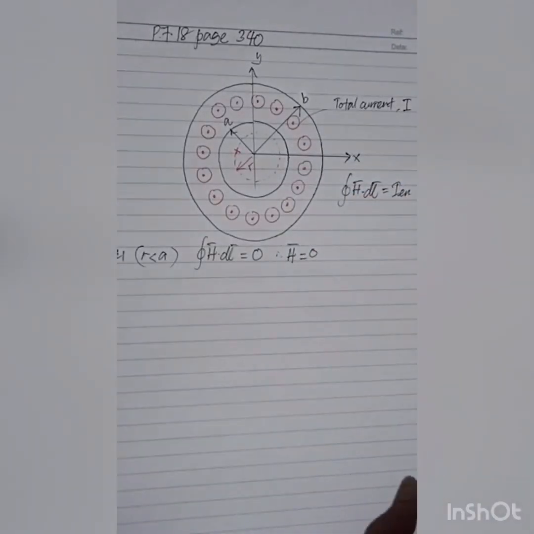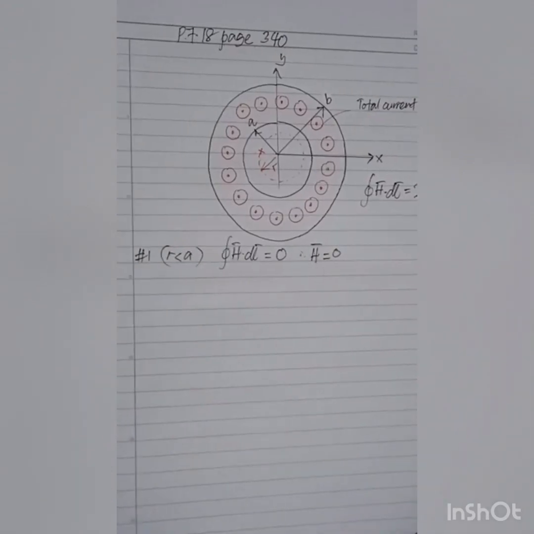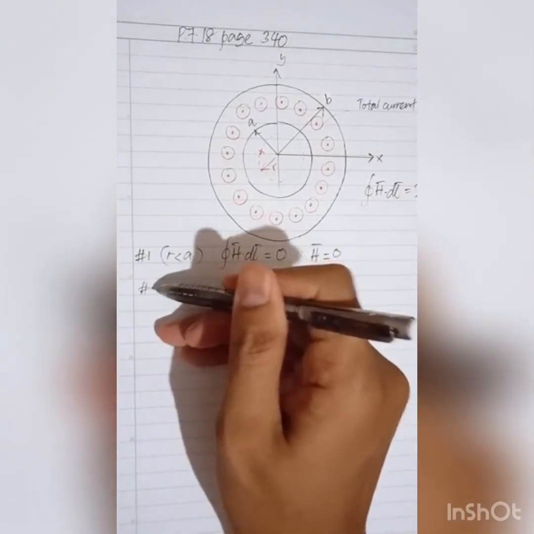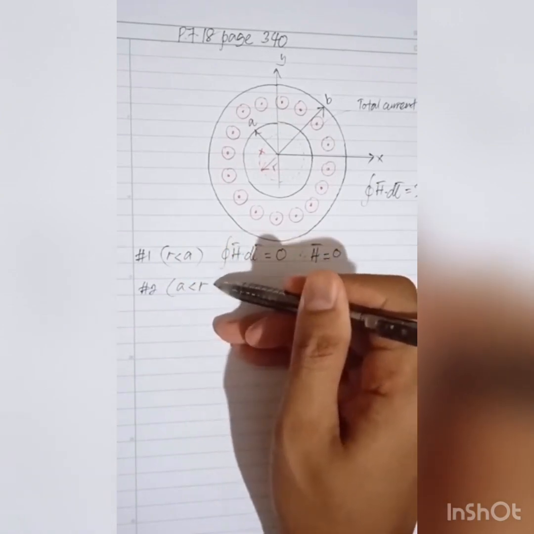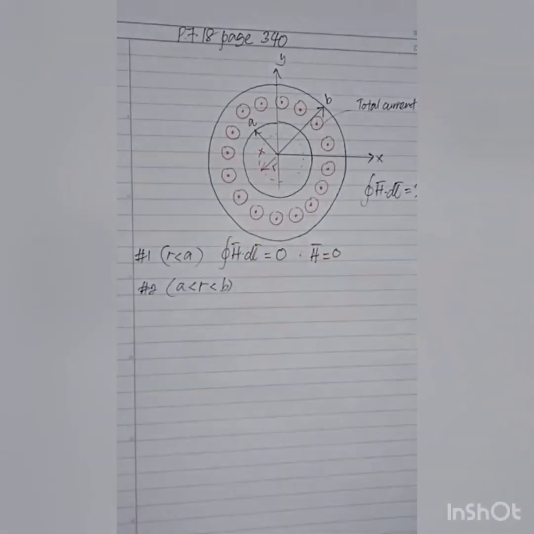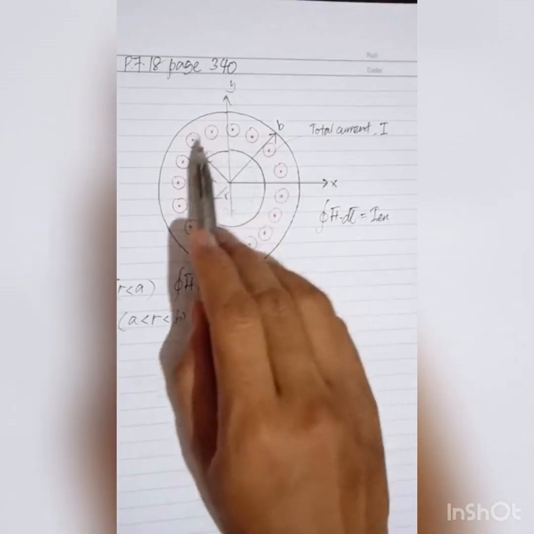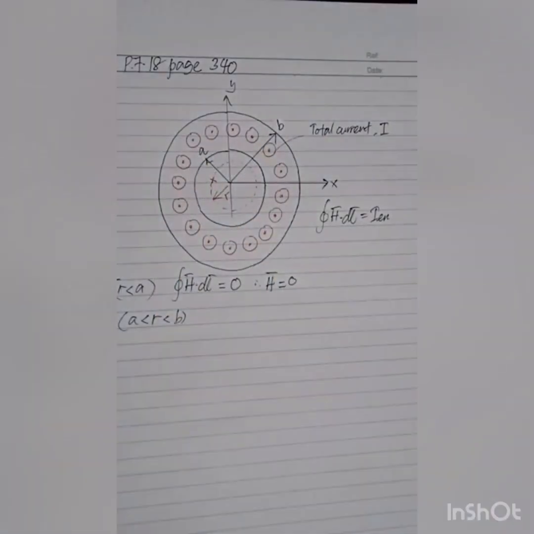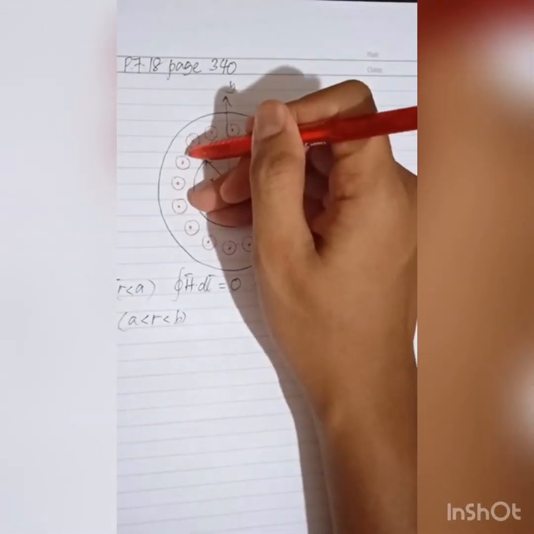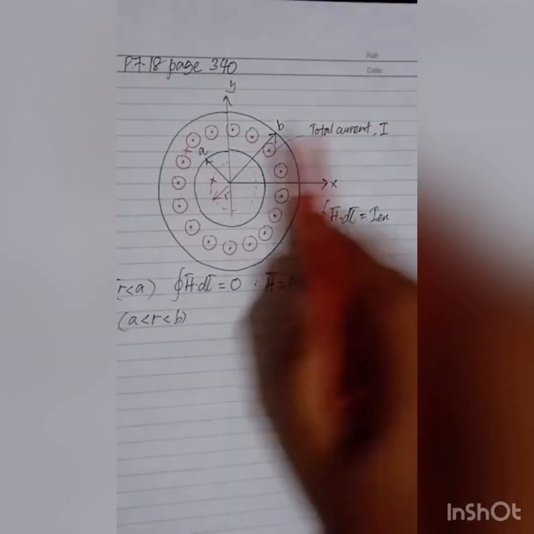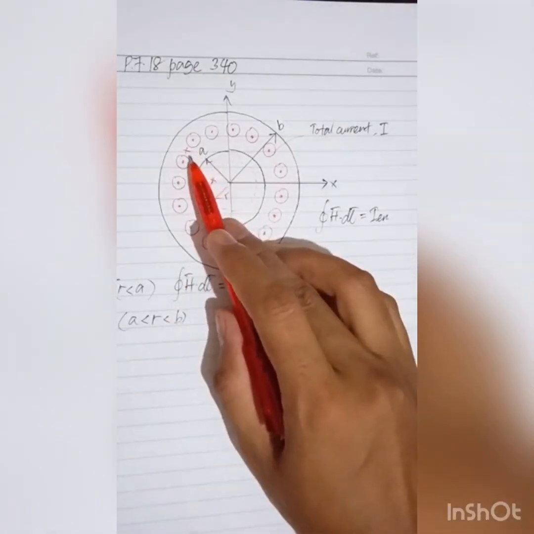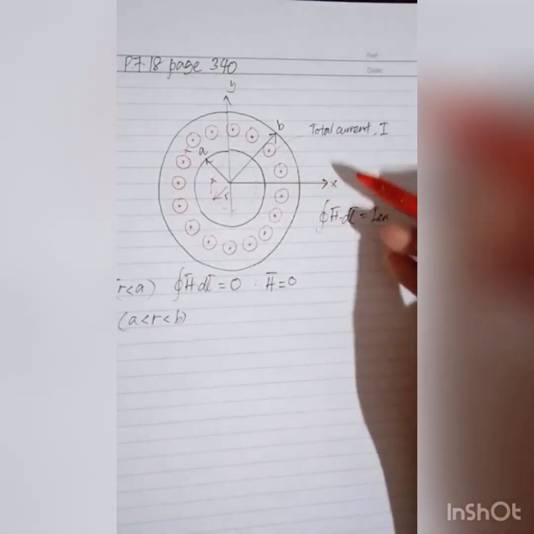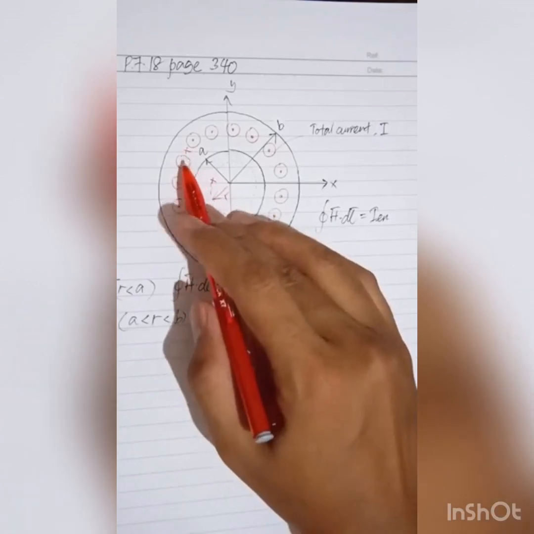Okay, now let's look at the second region. Here we focus on the area where R is more than A and less than B. Again, let's decide on any point within the region, say this particular point. To use ACL, I need to draw the Amperian loop that must pass through the point and must be closed.